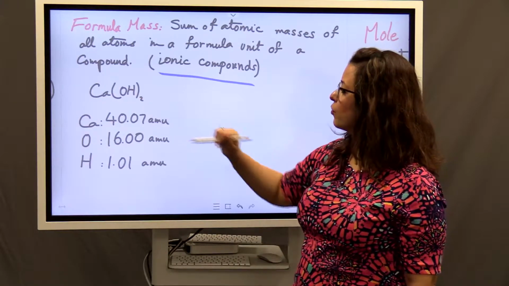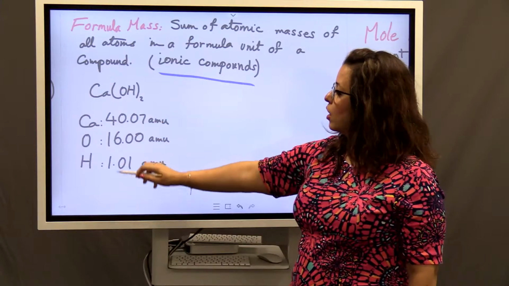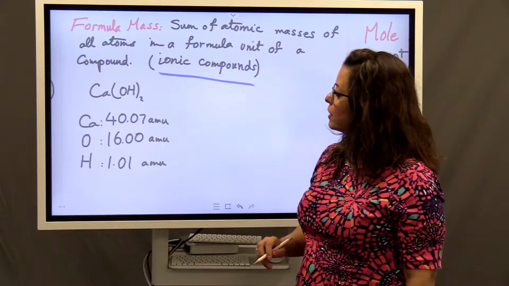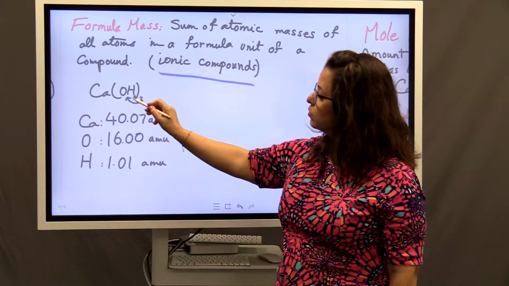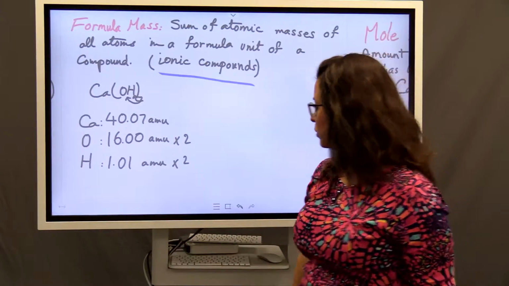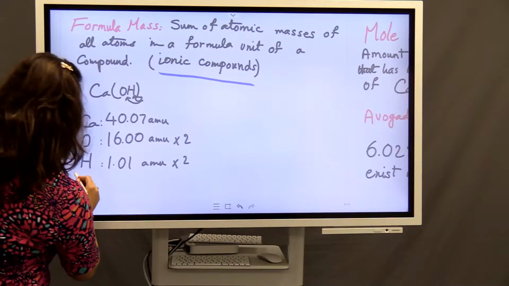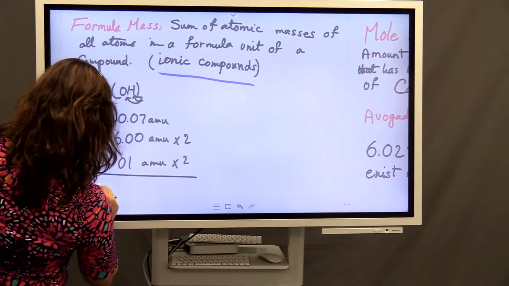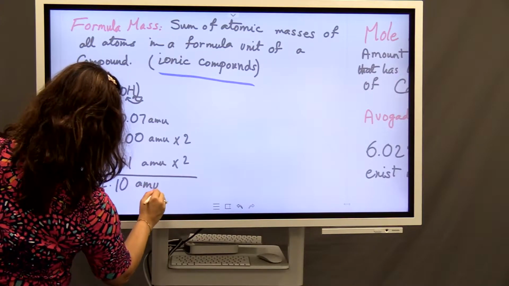An example that I wrote for you here is calcium hydroxide. Here are the atomic masses. You have 2 oxygens and 2 hydrogens, so you need to multiply both of them by 2. After you do it and you add them up to each other, you come up with 74.10 atomic mass unit.